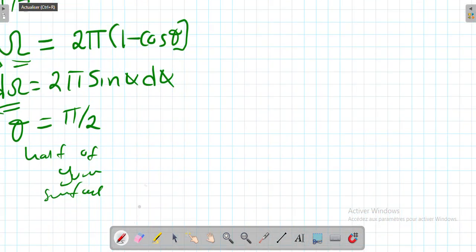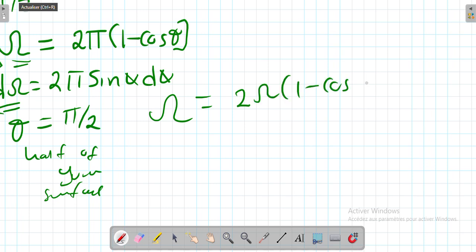We're done finding the elementary one. So the solid angle is equal to 2 pi (1 minus cos theta).